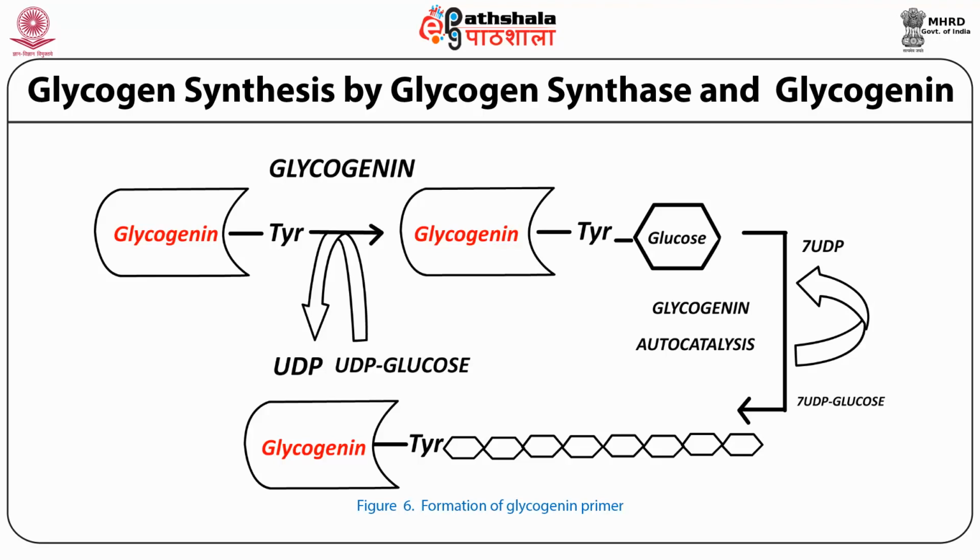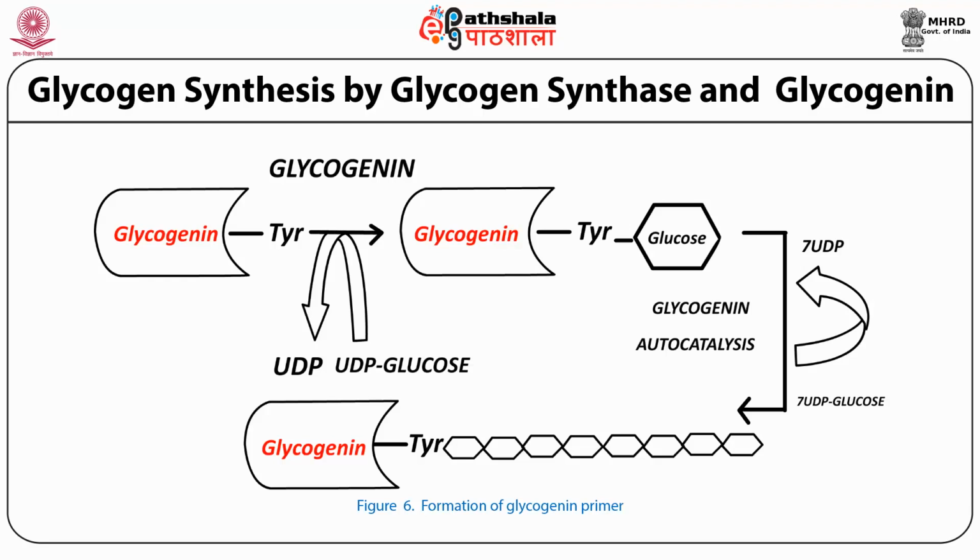If you see in the figure, initially glycogenin is combined with tyrosine, and this glycogenin tyrosine complex is again combined with glucose, and hence the glycogenin tyrosine glucose complex is formed.